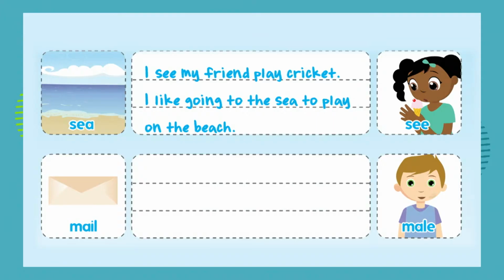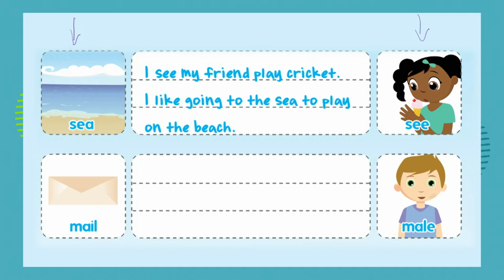So here we have a picture, and what we're going to do is we're going to write a sentence with each word, and these two will be homophones, all right? And then in these sentences we need to show that we understand the difference between the two. So our first example is see, as in by the ocean, and the other one is I see my friend eating an ice cream. So here we go.